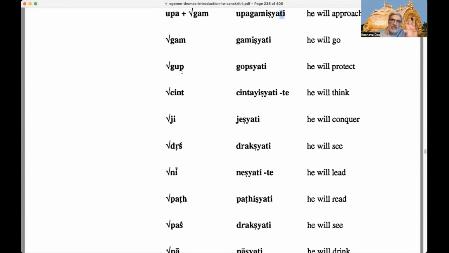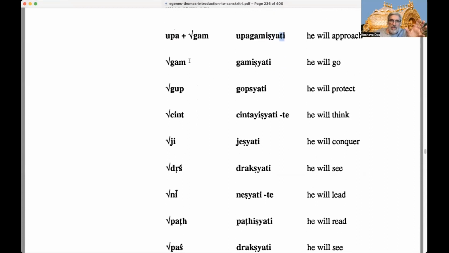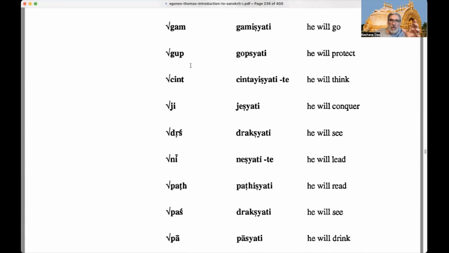This next one will give us a better idea of strengthening, because in these first two, the root didn't change when it was strengthened. But when this vowel u is strengthened, the guna of this simple u is o. The root gup becomes gop.